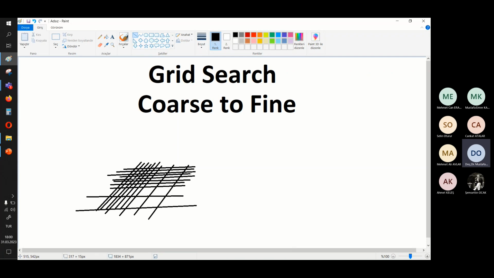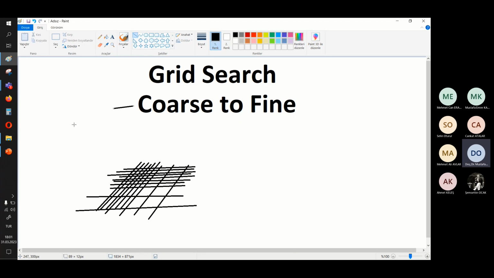In order to avoid this problem, we are using a coarse-to-fine approach. At the beginning, the step sizes are large, so we have a large grid on the search space. Then we find where the minimum sample point is.